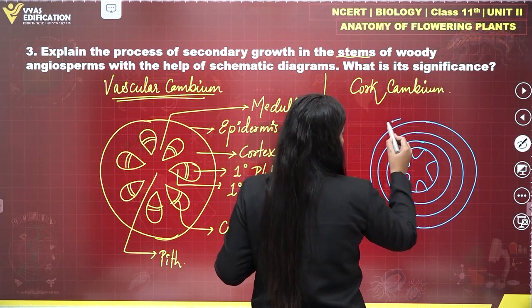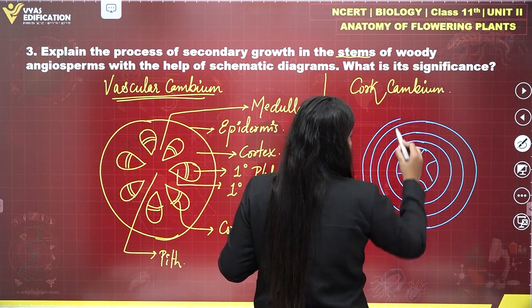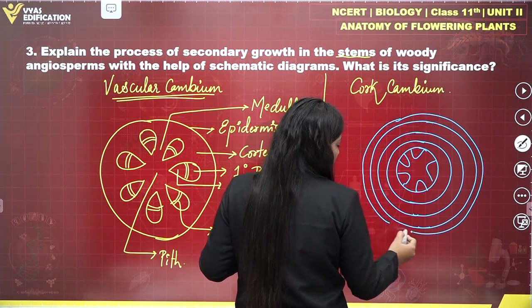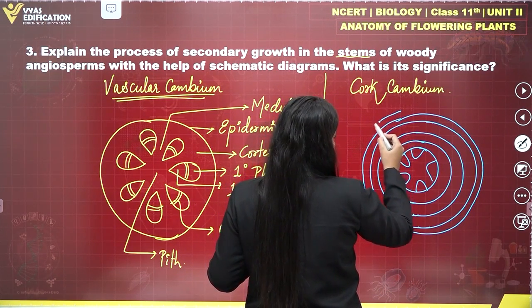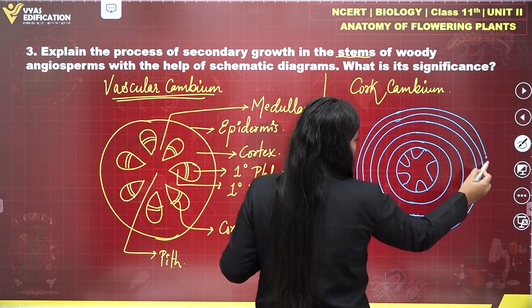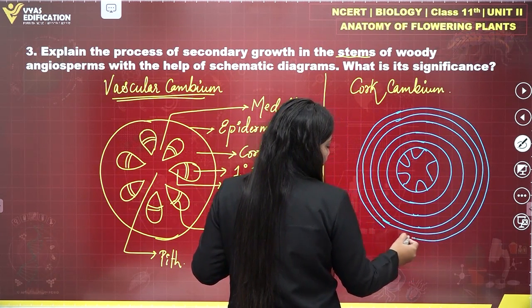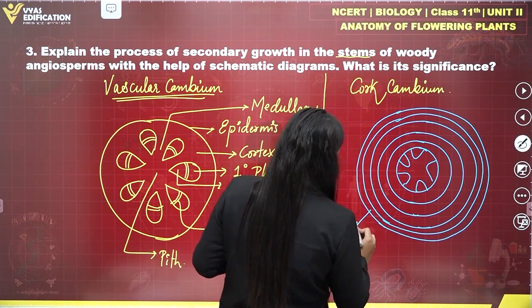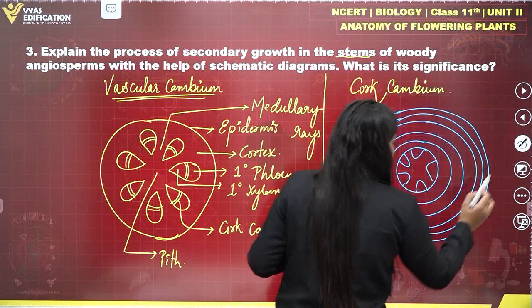Then you have a layer, protective layers of cork, which is known as phellogen, and the outermost protective layer you have is phellem. Let's label these.